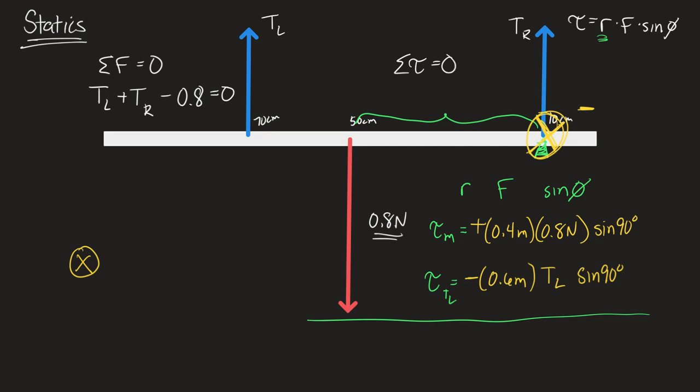All right. 0.4 times 0.8 is 0.32, and that's 0.6 times TL. This has to sum to be equal to 0, just adding up all the torques and setting it equal to 0. You guys have calculators. Do the math there for me.